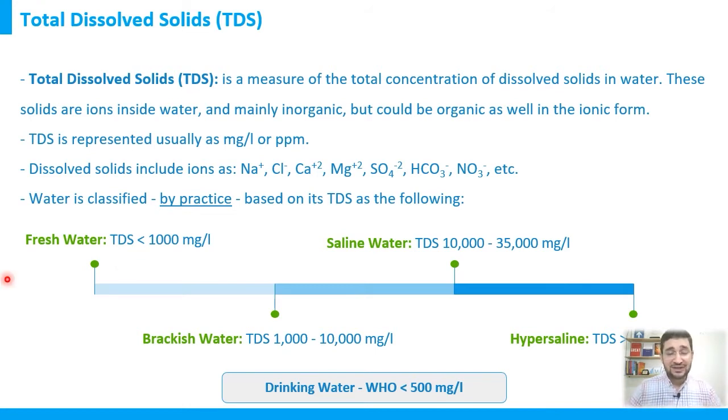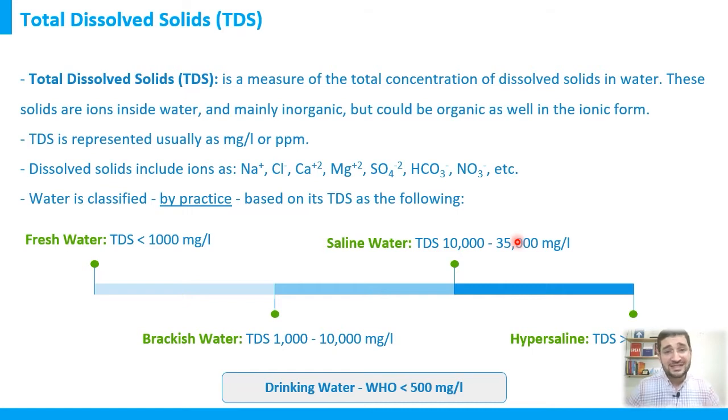Now, if the TDS of a water is between 1000 to 10,000 milligram per liter or ppm, we classify this water as brackish water. Brackish means it has a high level of salt inside. But what if the TDS of your water is between 10,000 to 35,000 milligram per liter?